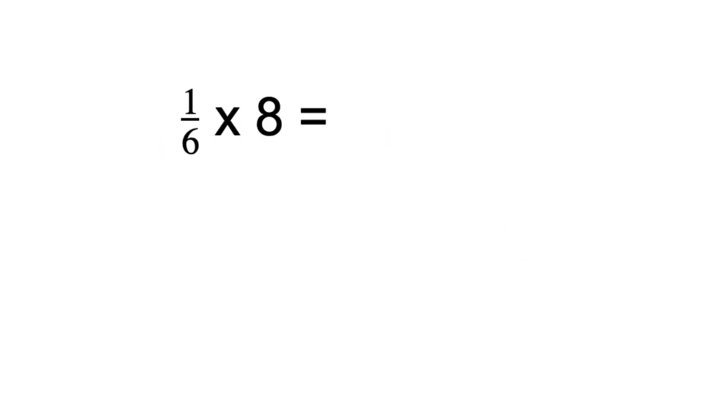Let's try one more example of multiplying a fraction by a whole number. The first thing you want to do is make your whole number into a fraction by putting it over a denominator of 1. Now we can multiply our numerators. 8 times 1 is 8. And we can multiply our denominators. We have 6 times 1, which gives us 6.